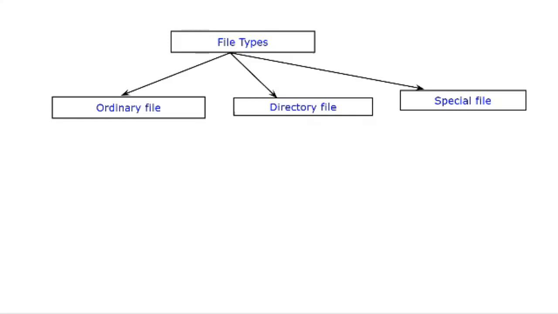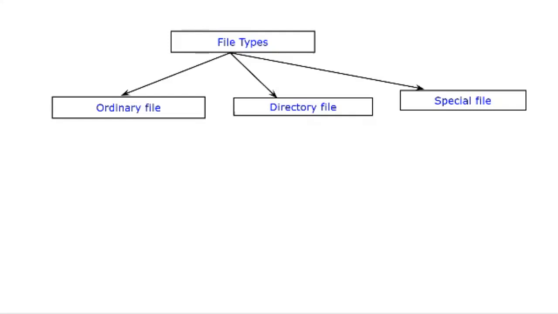Special file. Special files are known as device files. These files represent physical devices like disks, terminals, printers, networks, tape drives, etc. These files are of two types: character special file and block special file.